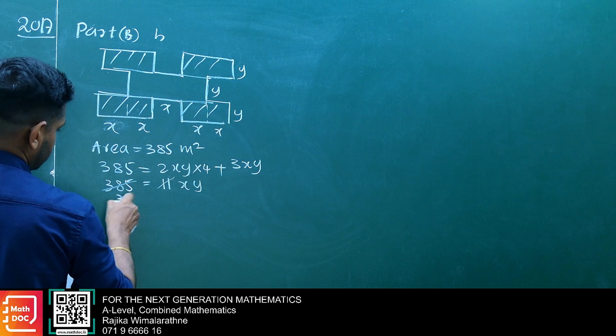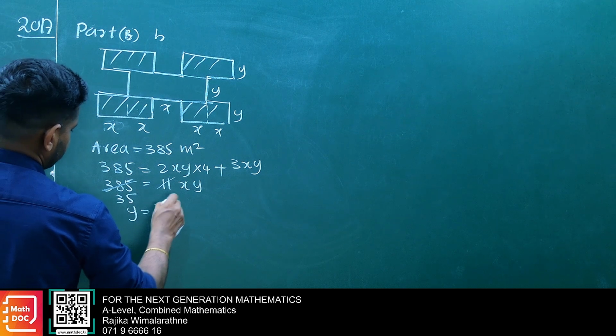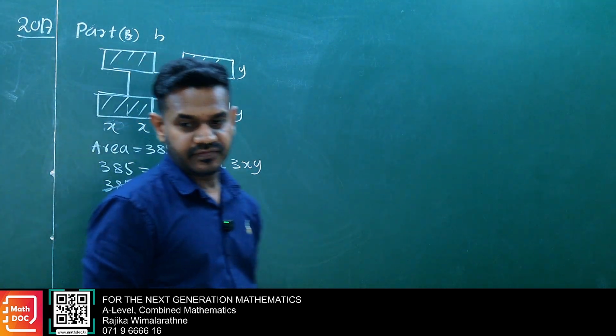Divisible by 11, 35. Then y equals 35 divided by x.